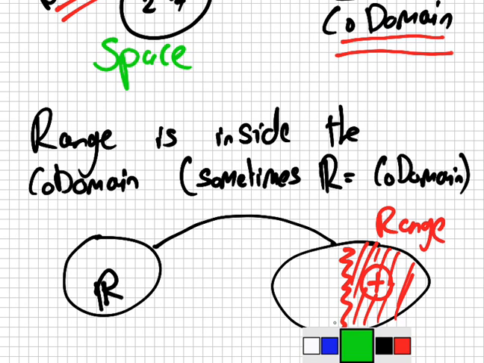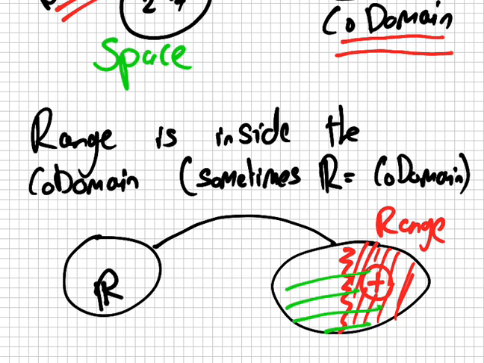But we call the whole space the codomain. The range is just a part of the codomain where the answers live. The codomain is like the house, and the range is the rooms that people sleep in. But if it's a hotel, then everybody sleeps in every room. So sometimes it is the full thing, and sometimes it's only part of it.